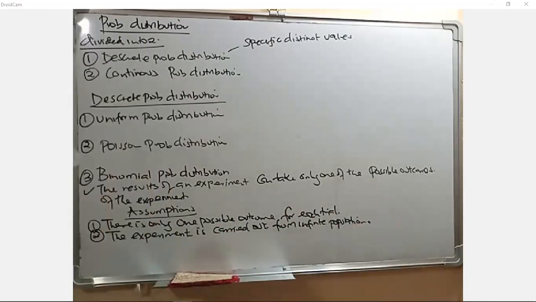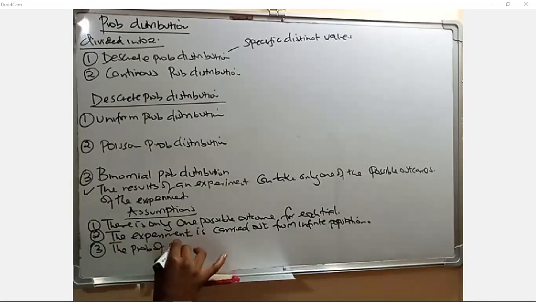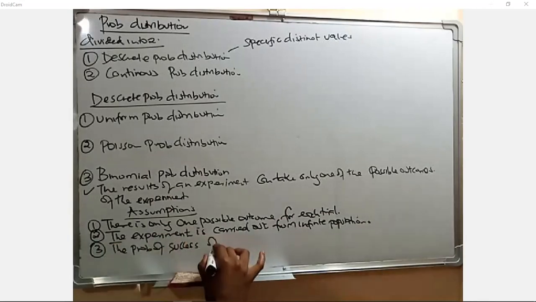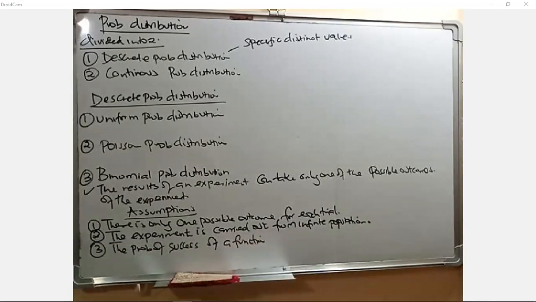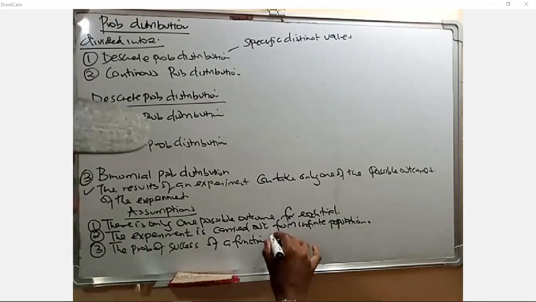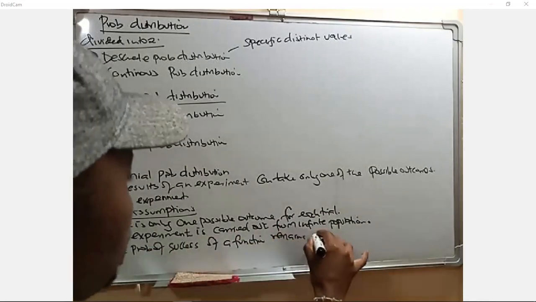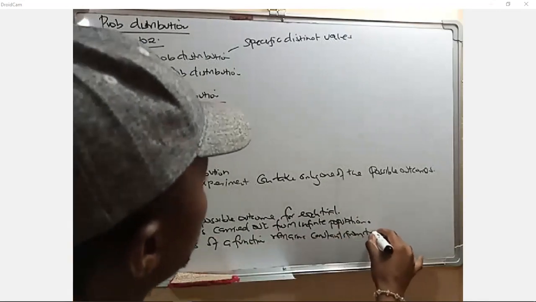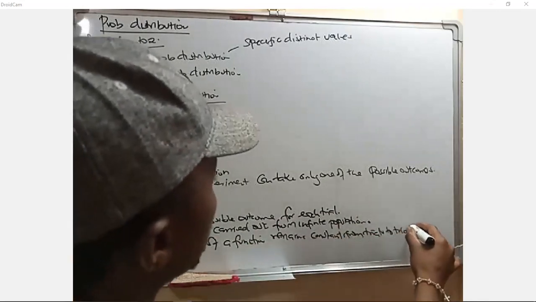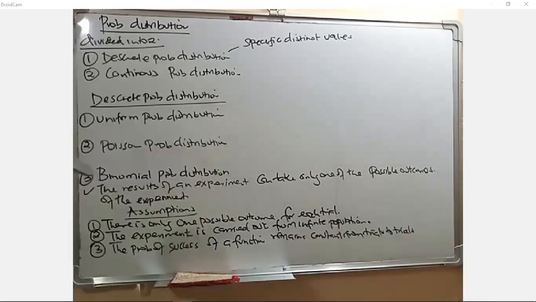Number 3, the probability of success of a function remains constant from trial to trial.